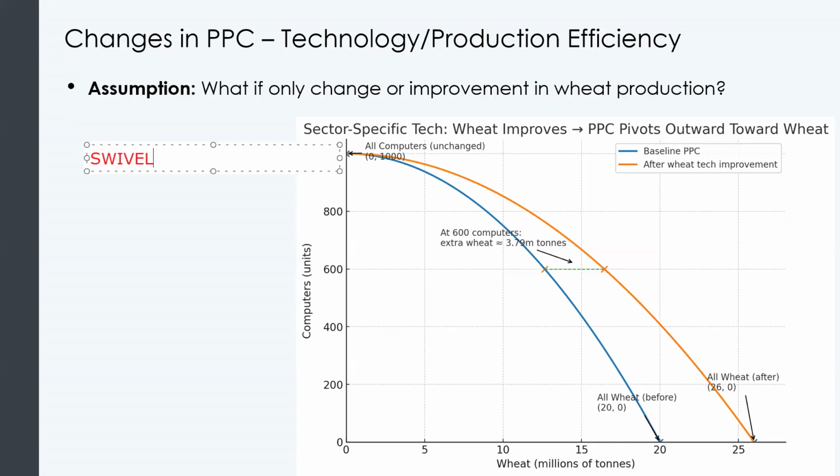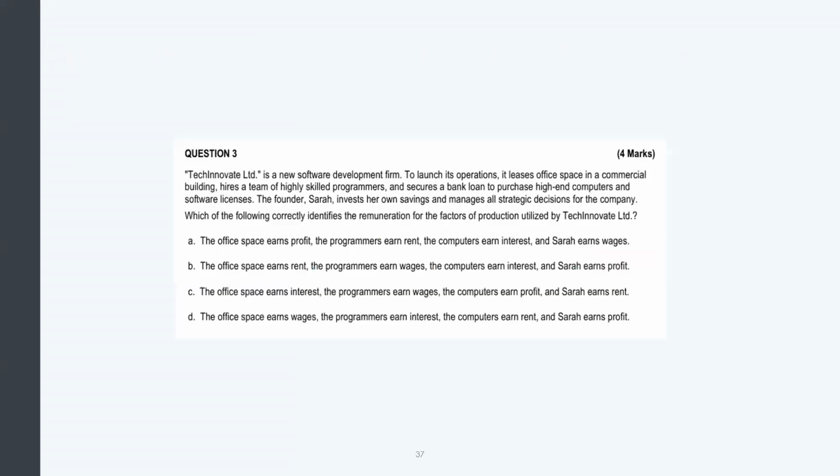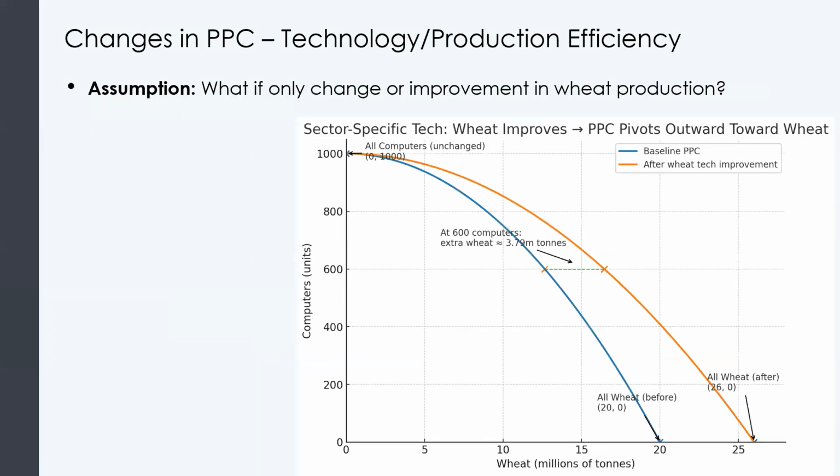And usually it's because of an improvement in the production technique or technology of only one of the products that you are dealing with, right? It can also happen on the computer side. It can also happen on the wheat side. It doesn't matter which side it has happened on, it can shift either one of the sides. So that is the production possibility frontier or the production possibility curve.